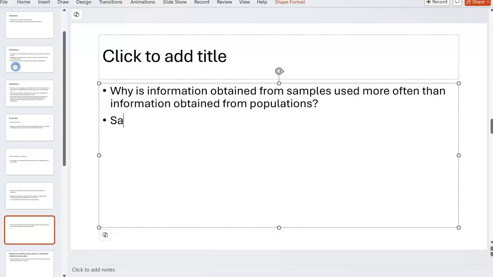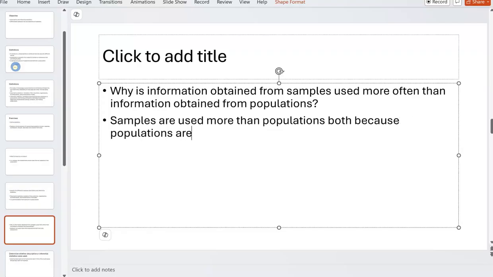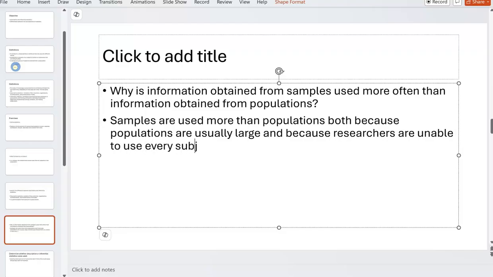So samples are used more than populations both because populations are usually large and because researchers are unable to use every subject in the population.